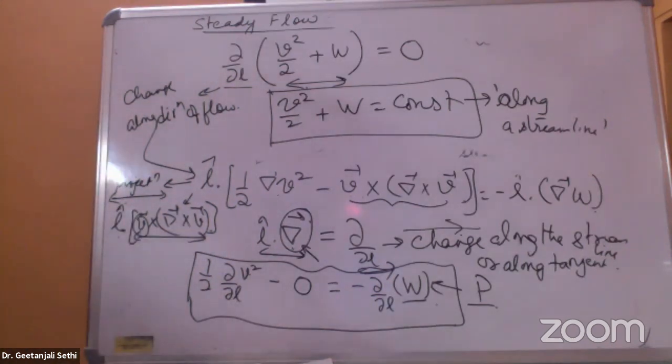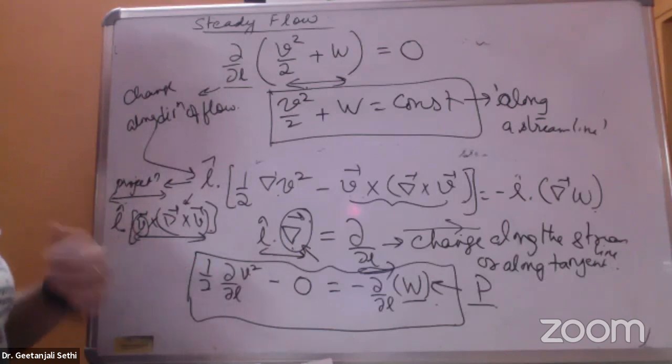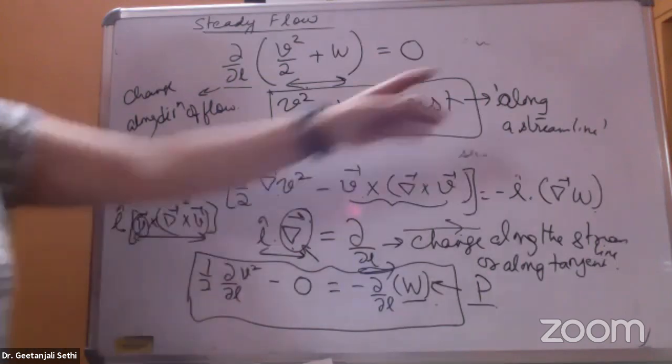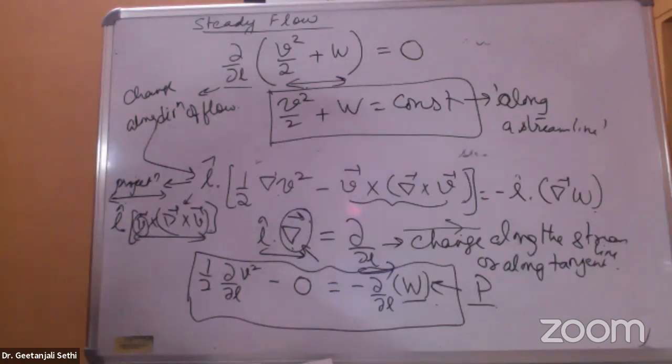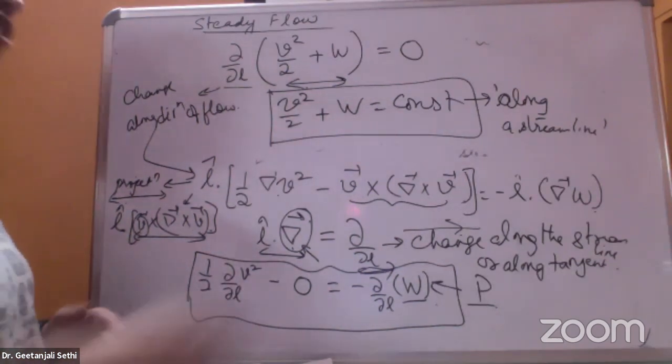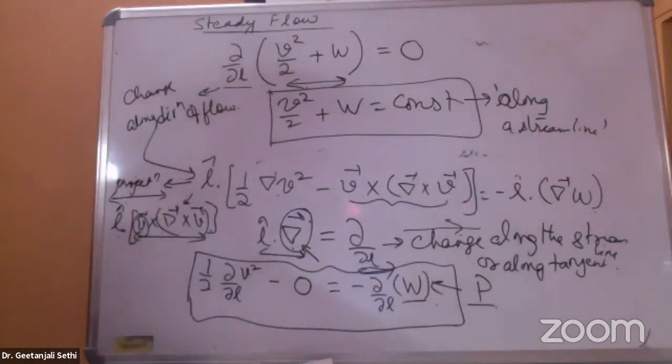But if somebody wants to do more complicated cases, it's the concept of streamline that becomes very useful. In such cases, we may not always be along the direction of the streamline, or you can say the streamlines would keep changing as you move along the flow of the fluid.